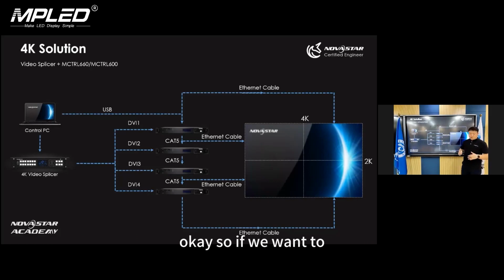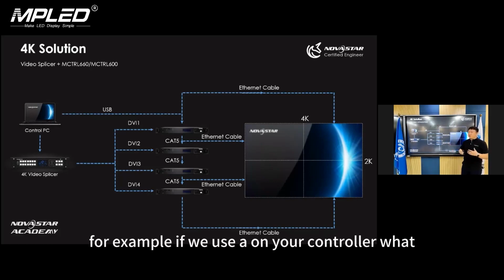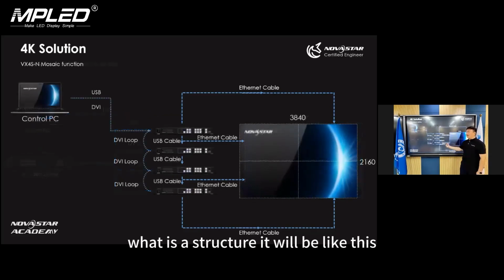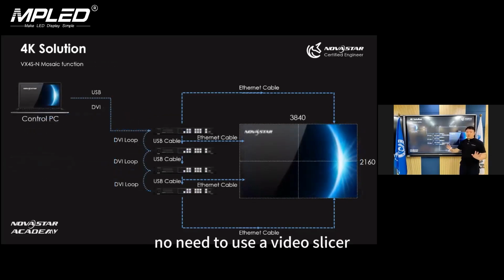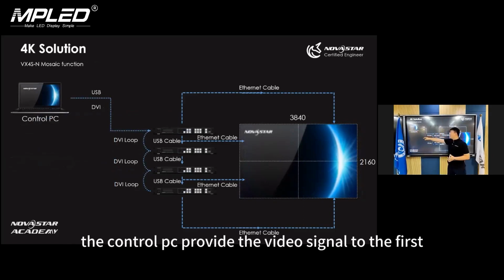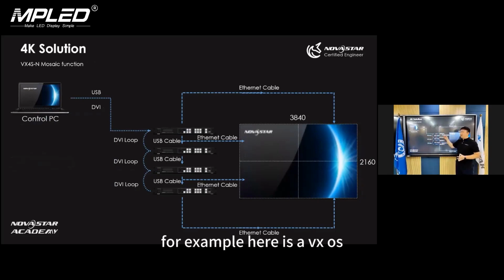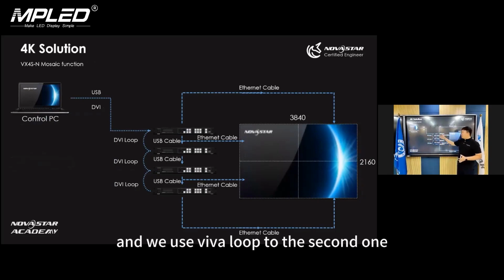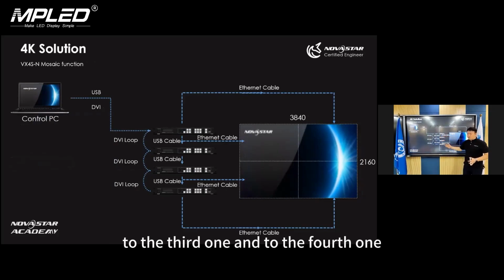Okay, if we want to do it another way, for example, if we use an all-in-one controller, what is the structure? It will be like this. No need to use a video slicer. The control PC provides the video signal to the first one, for example a VX6S, and we use the DVI loop to the second one, the third one, and the fourth one.